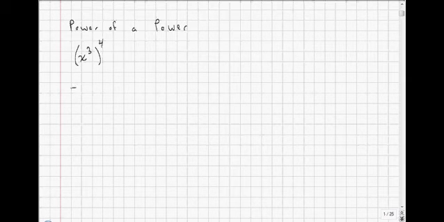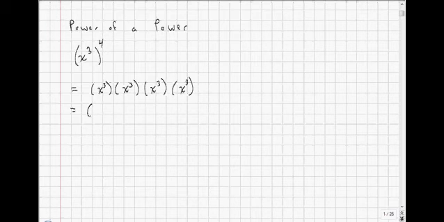Well, the 4th power of anything means you take that base and you multiply it by itself 4 times. So this time x to the 3rd gets multiplied by itself 4 times.